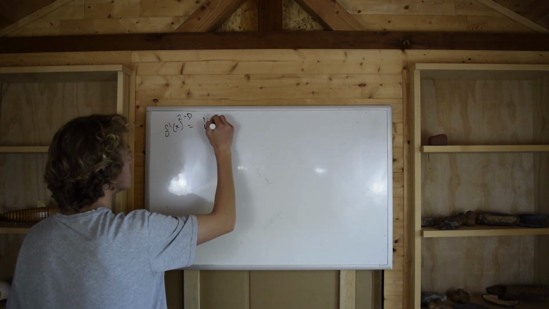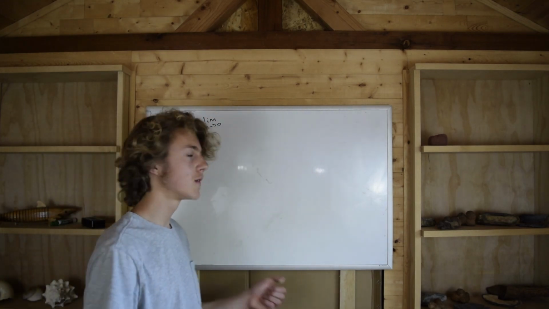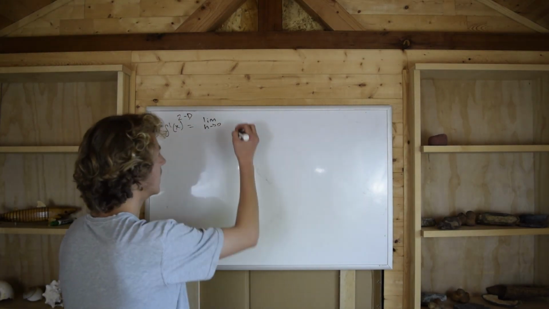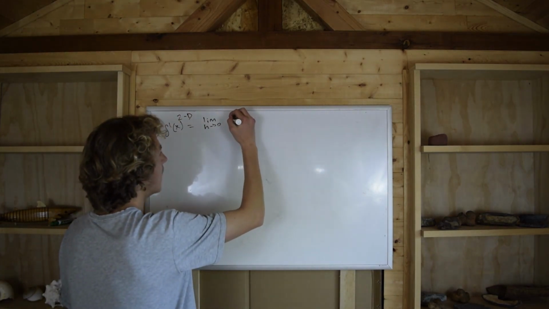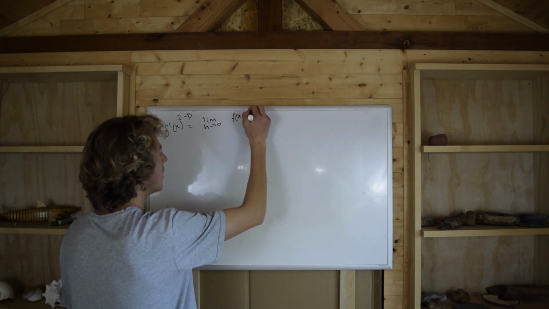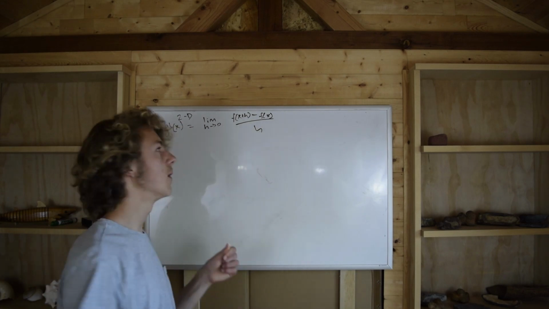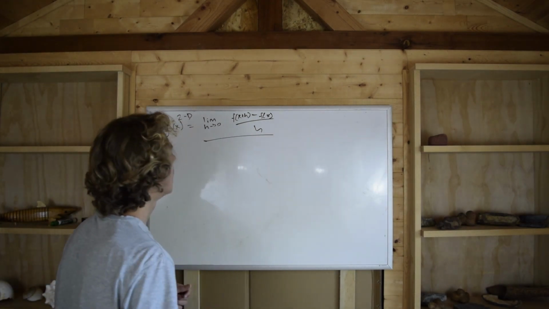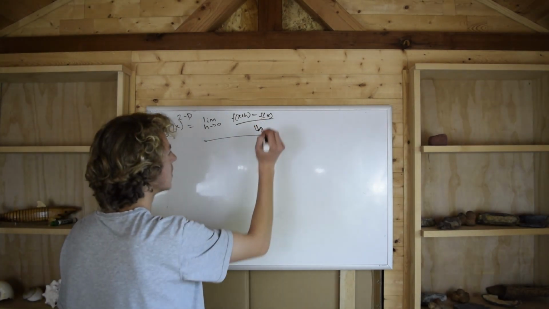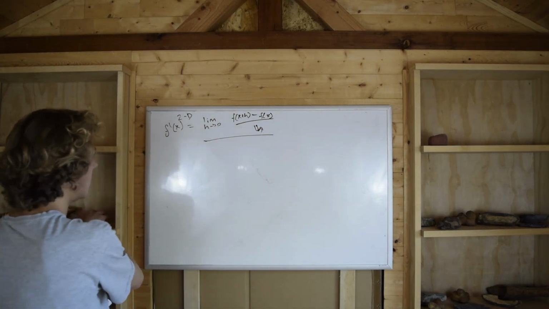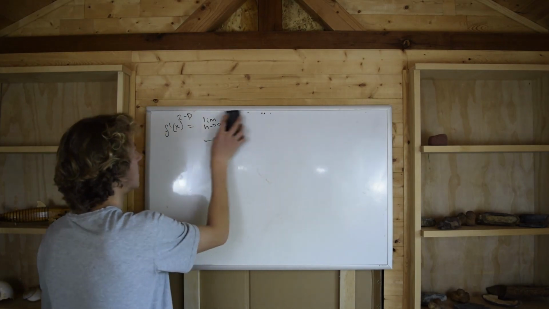The limit as h goes to 0, where h is our change in x, of f of x plus h minus f of x over h. That's our ordinary derivative that we're very, very used to. Now, for partial derivatives, we can do something very, very similar.